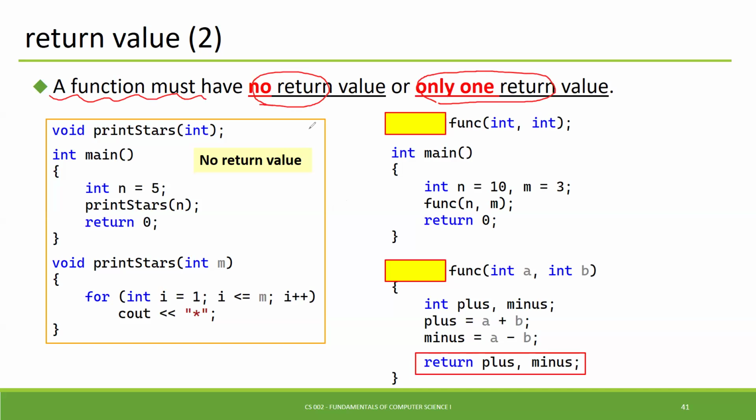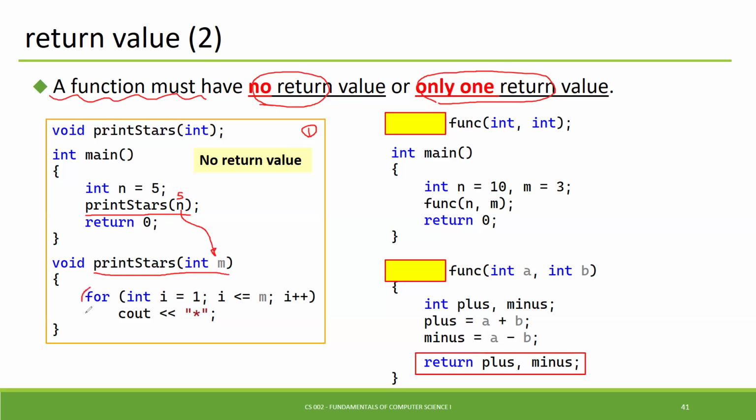There are two examples. Example one, no return. In the main, n is 5, print stars. Then n is 5, right? And here, print star int m, 5 will pass to m, right?